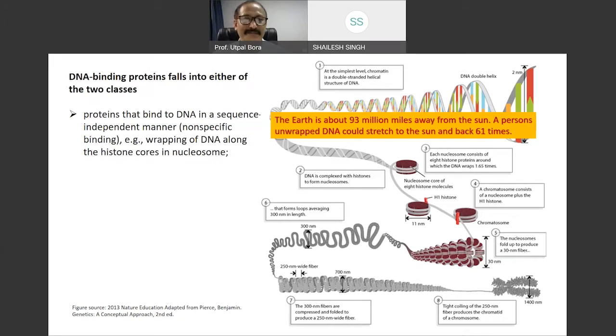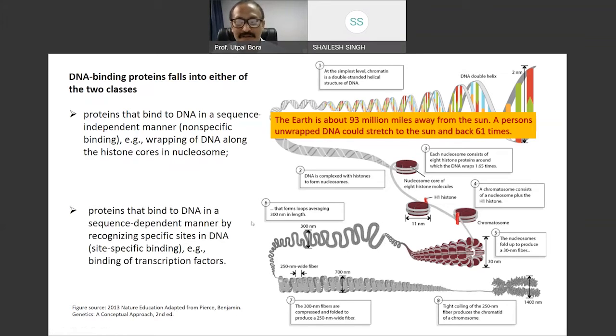I have never verified it, of course, but it gives some excitement about the importance of DNA binding proteins. If there were no DNA binding proteins, a single person would have to be so big to accommodate their DNA within themselves. I hope you can understand now the importance of DNA binding proteins and how they help in this packaging, which I mentioned earlier.